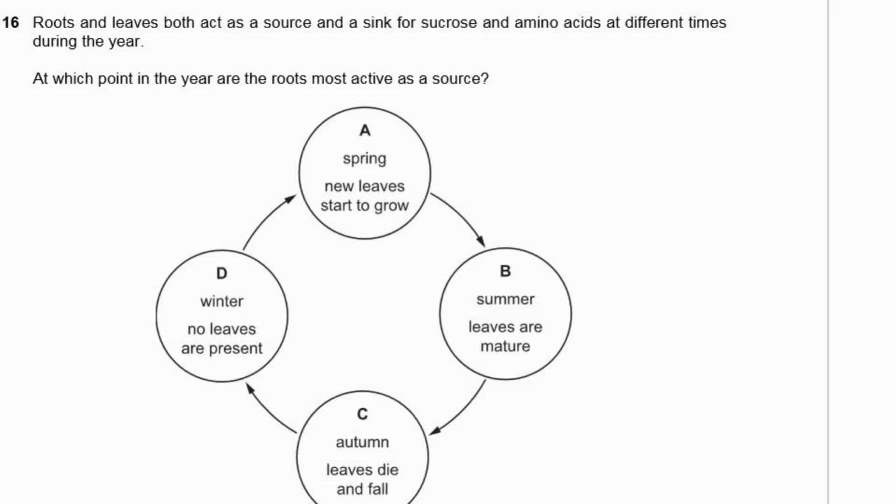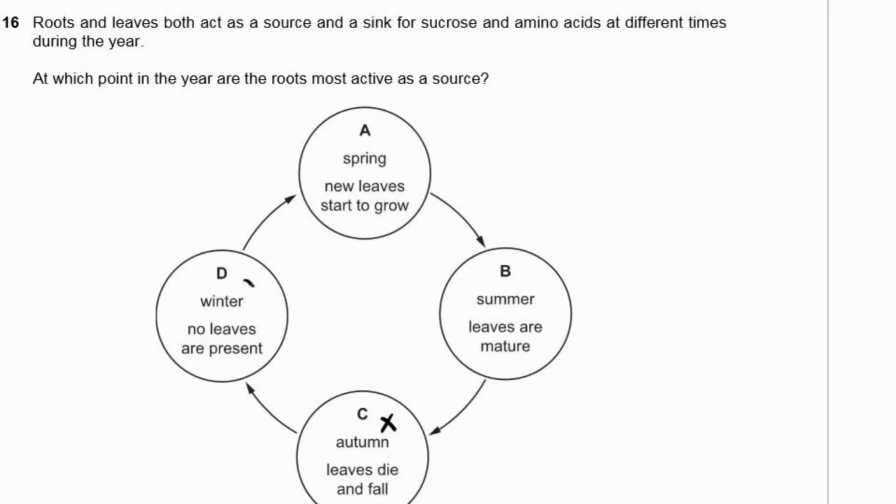But at a particular time of year, there are no leaves on the trees. So if we start in the autumn, the leaves on the plants aren't really there, but they're actually storing the sugars in the roots. So the roots act as a sink in the autumn. So that's not the answer.